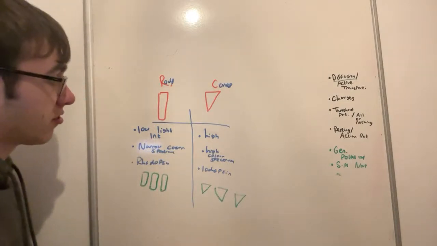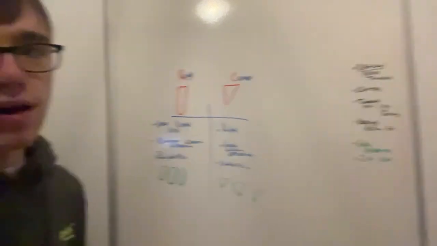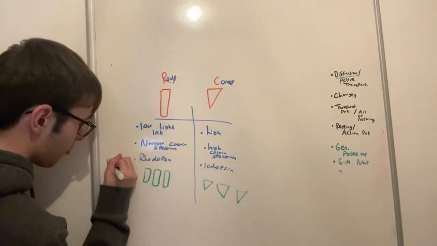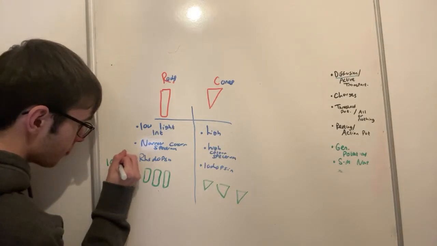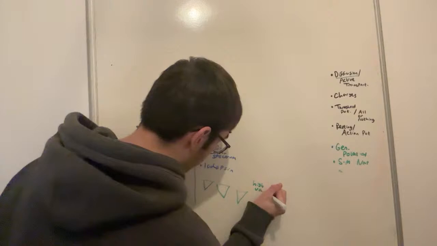That's all that they do. They're just like the middleman. So the idea you need to understand is that rods have a low visual acuity, and these have a high visual acuity.